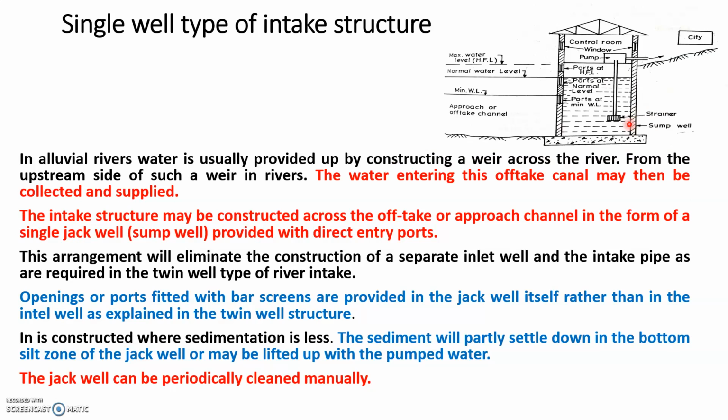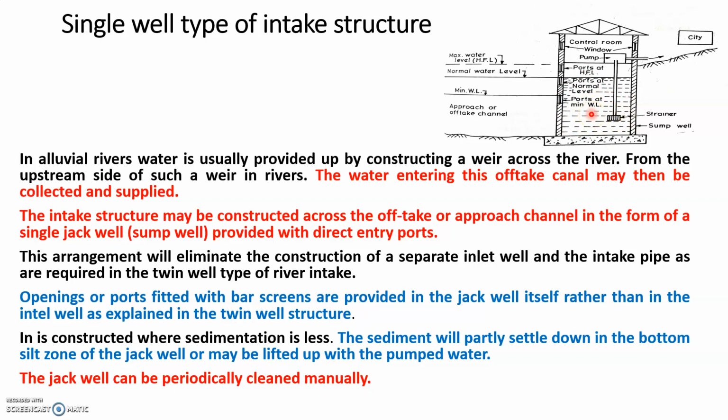Now the single type structure is constructed near a weir itself, where you store the water and raise the water level. It is generally constructed near the sluices, or near the weir itself.